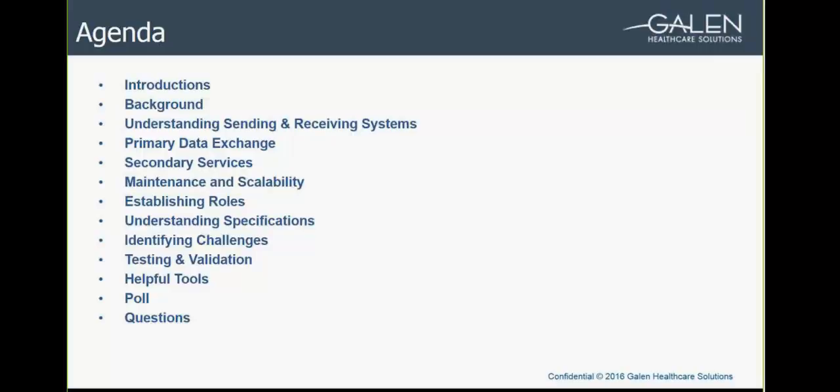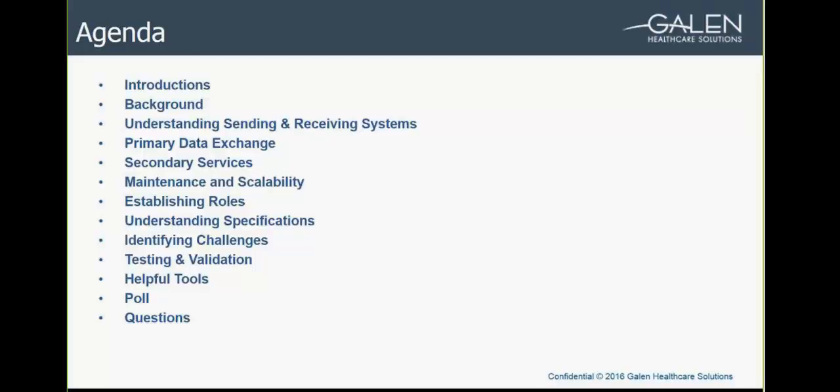So just looking at the agenda, I'm going to start off with a quick definition of an HIE, types of HIE, meaning public and private, what value an HIE provides, and how that HIE becomes valuable.